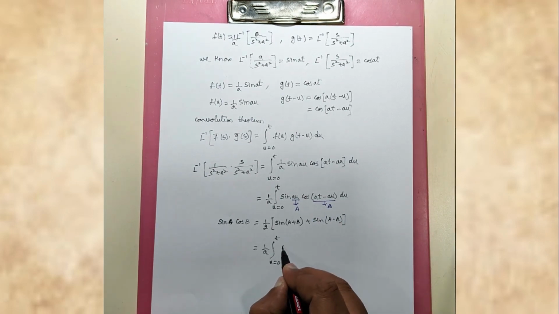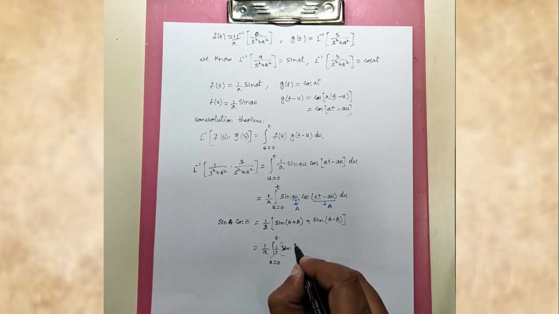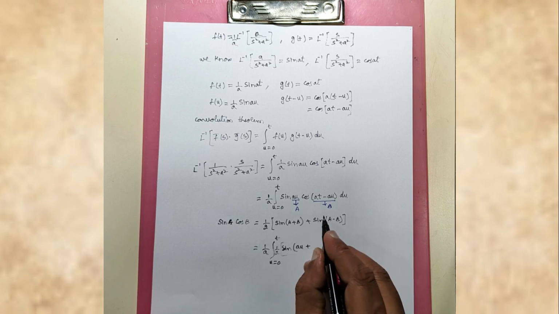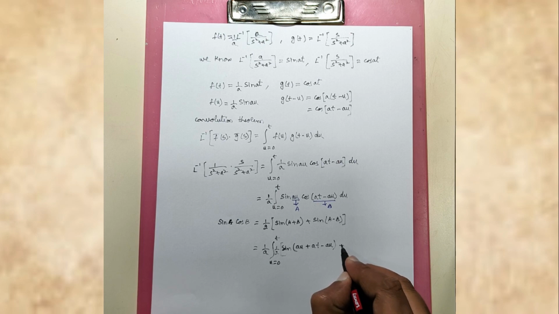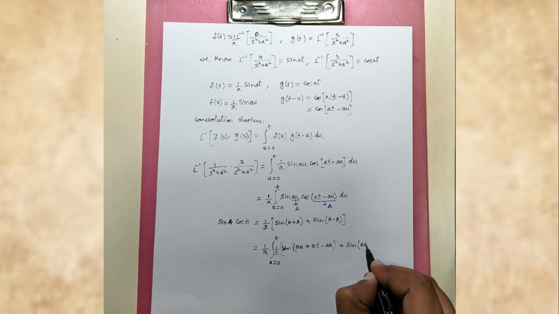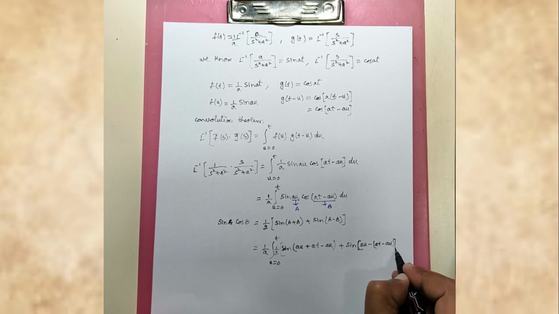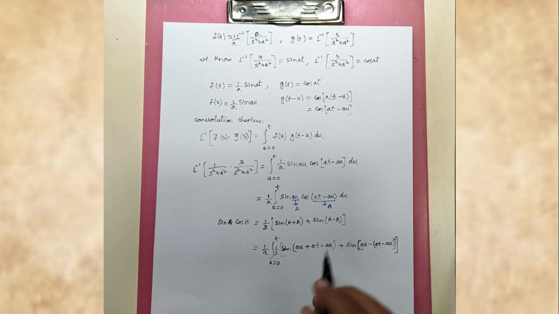So it is 1 by 2 times sine of a plus b, where a value is au and b value is at minus au, plus sine of a minus b. So sine of a value is au minus, because the minus sign is there, I'll take it common outside, and b value is at minus au. Alright, it is sine of a plus b plus sine of a minus b into du as it is.